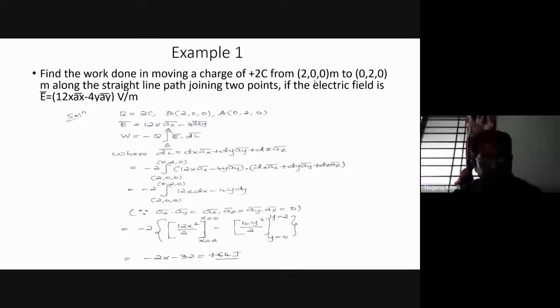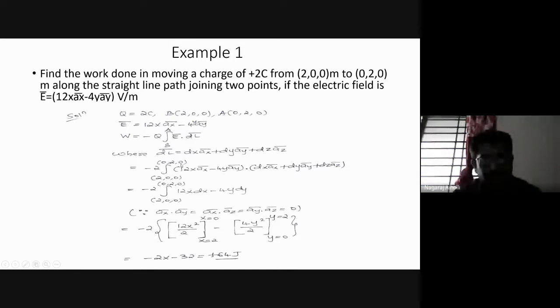If this is the length vector, then W is given by W equals Q, which is 2 coulomb, minus 2 times the integral from (2, 0, 0), that is our B point. We are moving from B to A, and point A is (0, 2, 0).